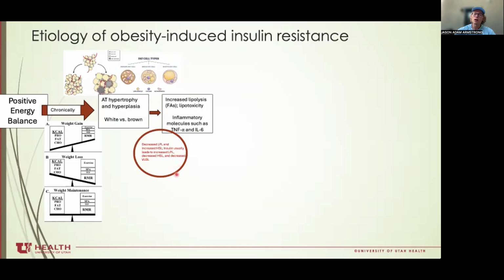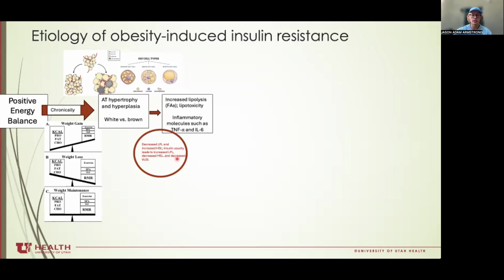Now, in a healthy individual, insulin usually leads to increased LPL and decreased HSL. So increased LPL would then cause the body to store more fat and to stop breaking down fat. In this case, we see decreased LPL and increased HSL activity. So now I'm actually breaking down fat tissue and putting free fatty acids into the blood. That process is known as lipotoxicity, which then results in inflammatory molecules such as TNF-alpha and IL-6 being released.